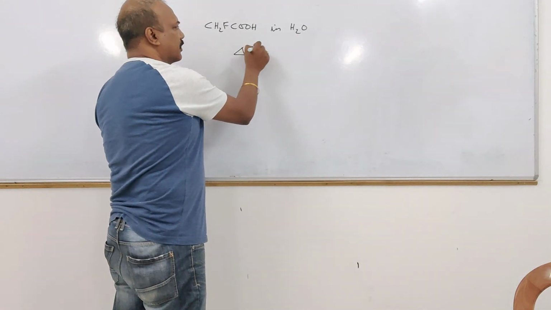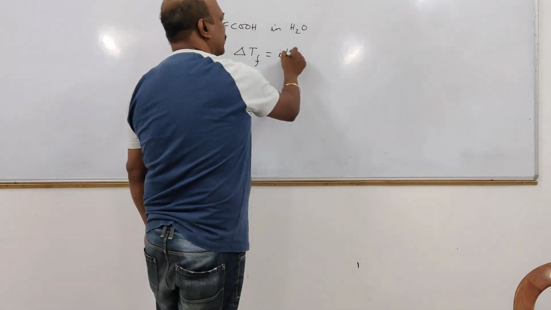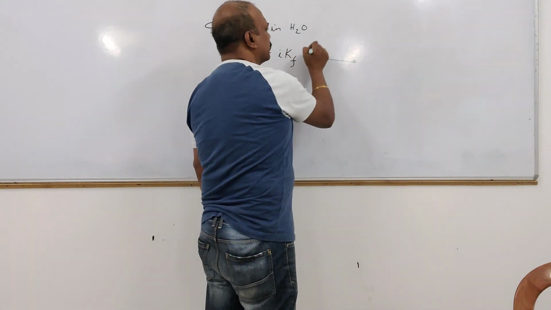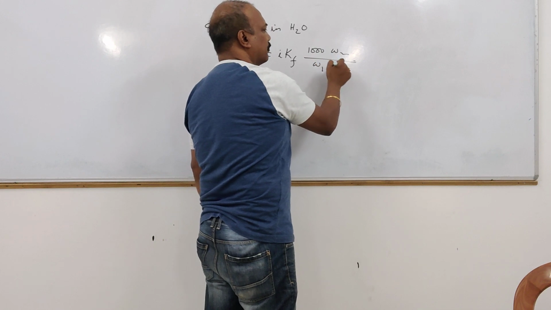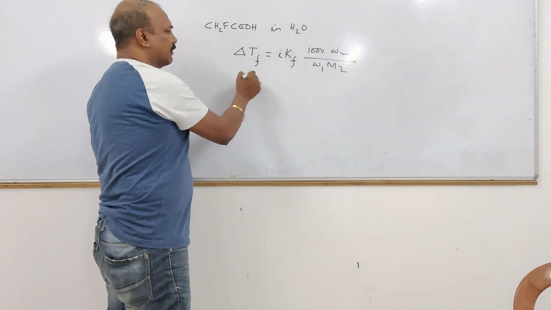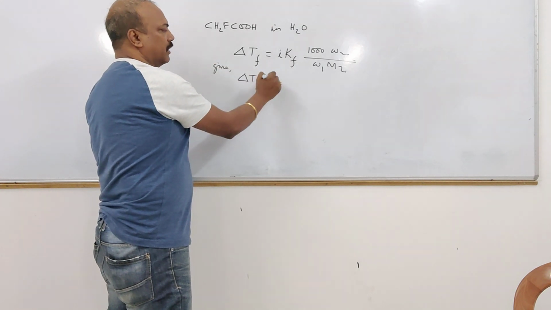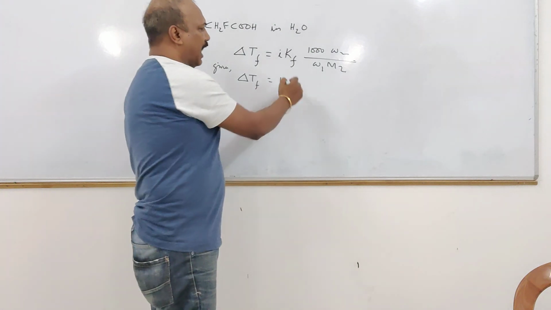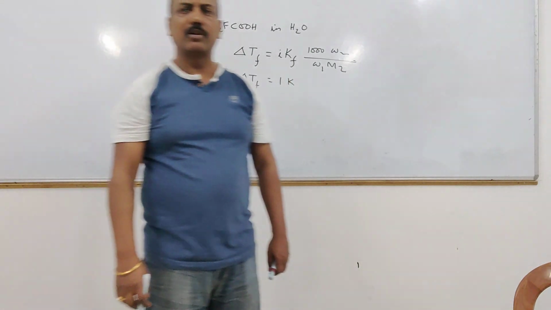For depression of freezing point, for dissociation, delta Tf is equal to i into Kf into 1000 W2 divided by W1 into M2. We know it. Now what is given is the value of delta Tf, 1 degree Celsius, and 1 Kelvin is the same.